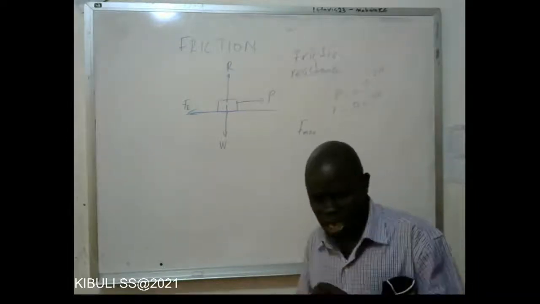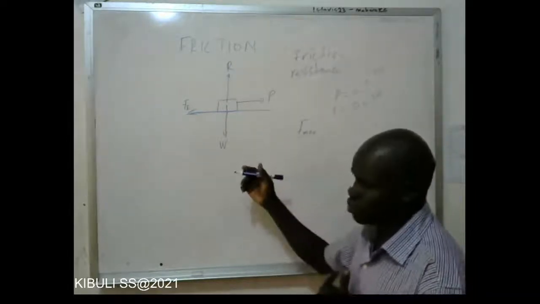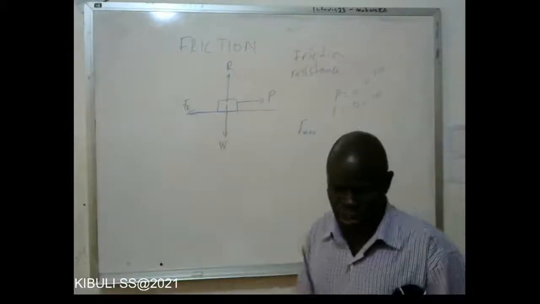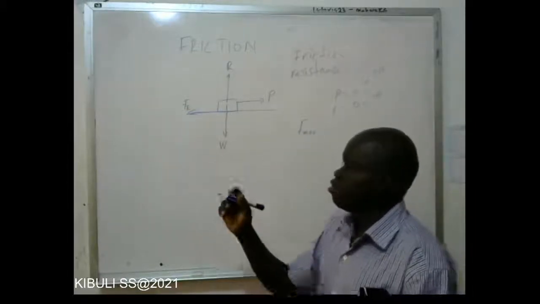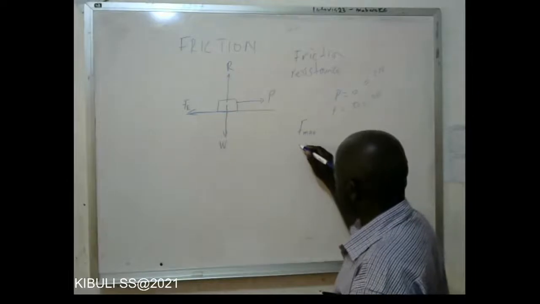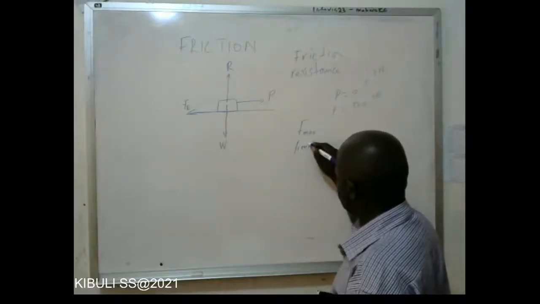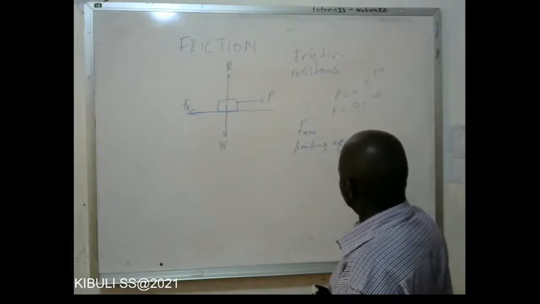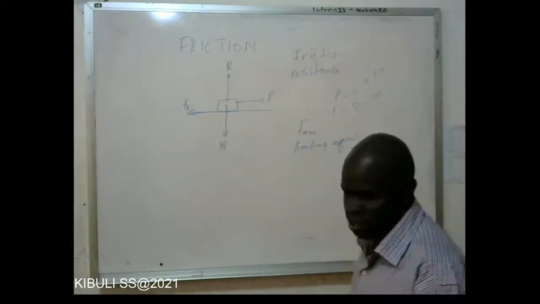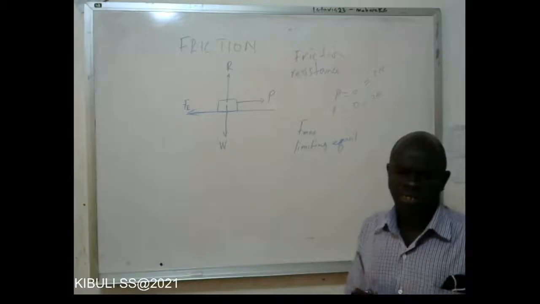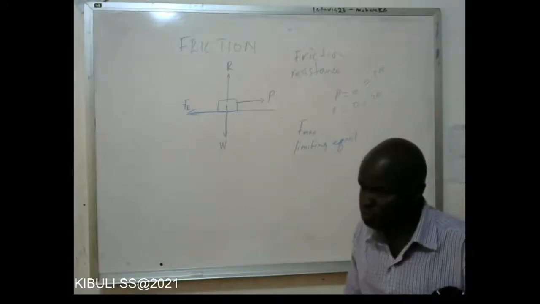Okay? Now when the friction is maximum, the body is said to be in a state of limiting equilibrium. So this is a state in which the friction is maximum.